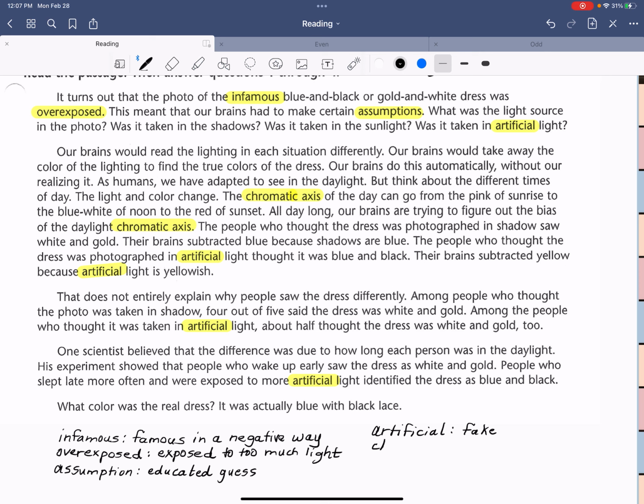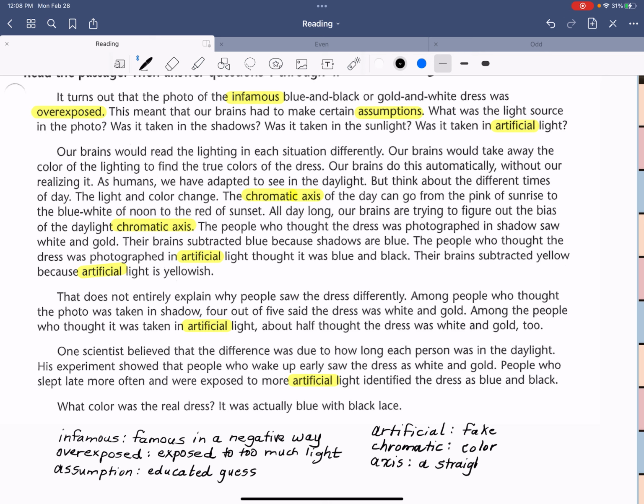Chromatic, we know this one because chroma is color. Anytime I see something with chroma, I think color. And axis is a fancy word for a line, a straight line.